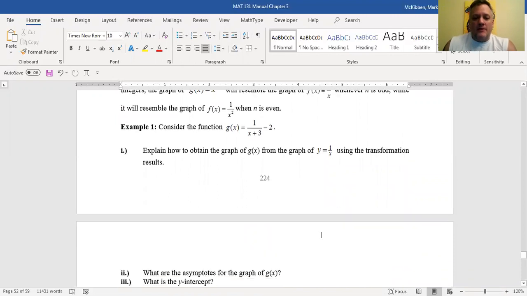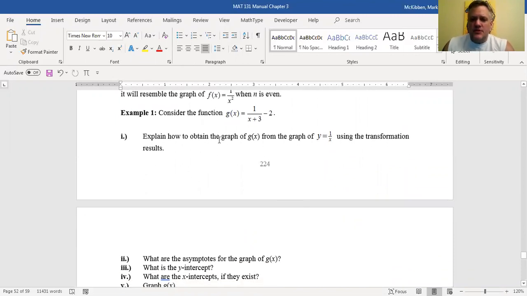All right, let's look at this example. Again, we want to use our translation results to the best of our ability to get graphs from the simple ones. Here we have a translation of 1 over x, and we want to be able to graph it using them. The thing to keep in mind with graphing rational functions is that the asymptotes, both vertical and horizontal, if they happen to exist, move along with the translation.